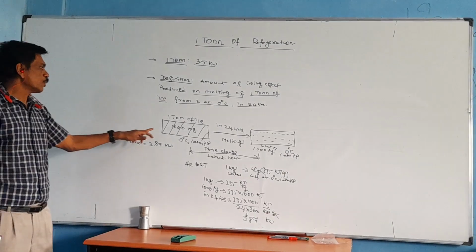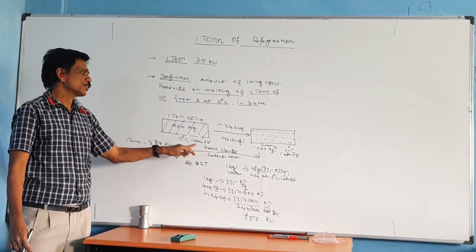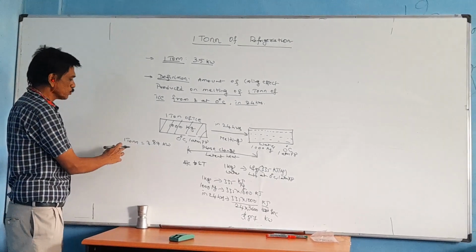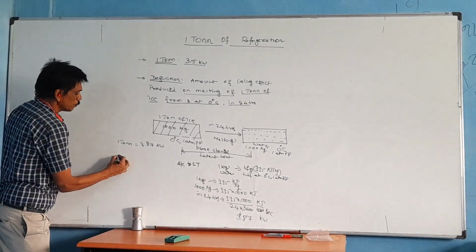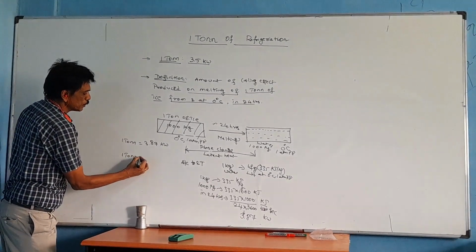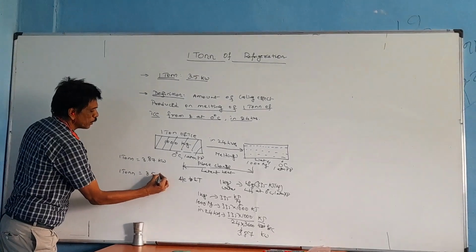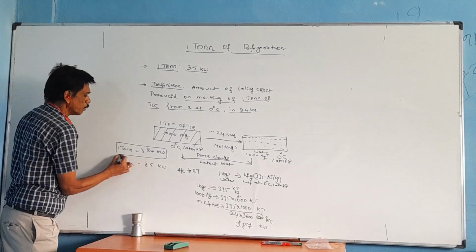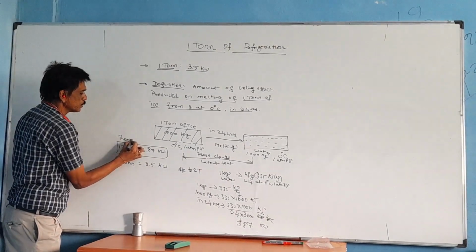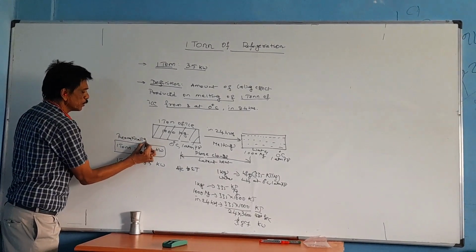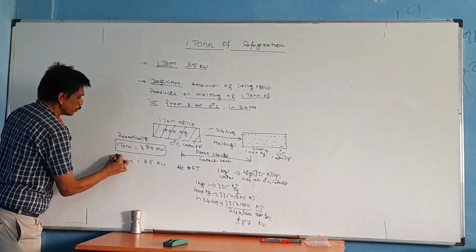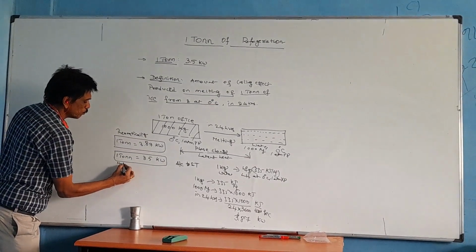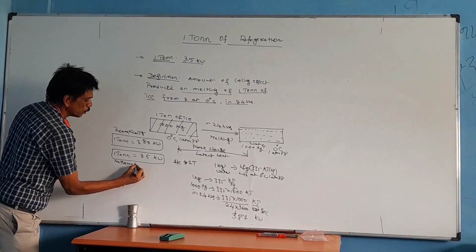But maintaining constant pressure and constant temperature is very difficult. That is why many industry people consider 1 ton of refrigeration as 3.5 kilowatts. Theoretically it is 3.87 kilowatts, but mathematically we consider 1 ton of refrigeration as 3.5 kilowatts.